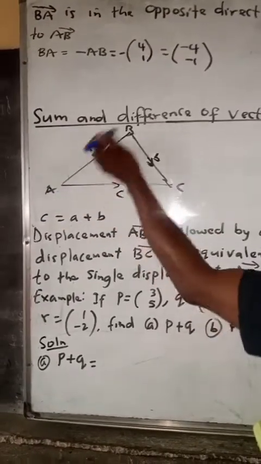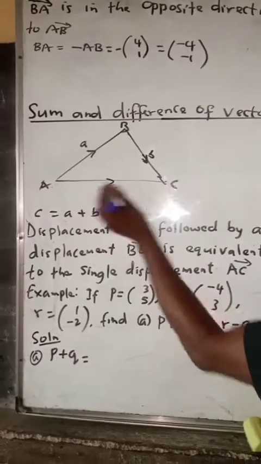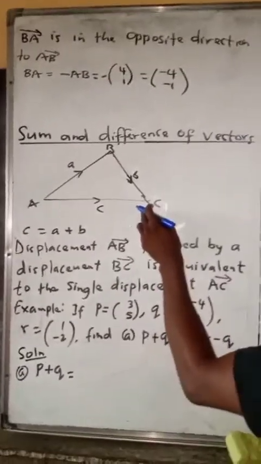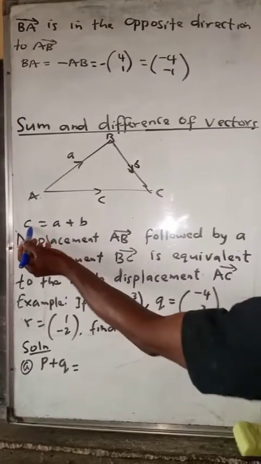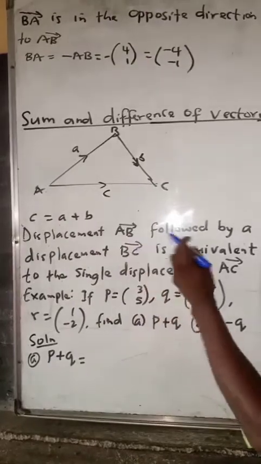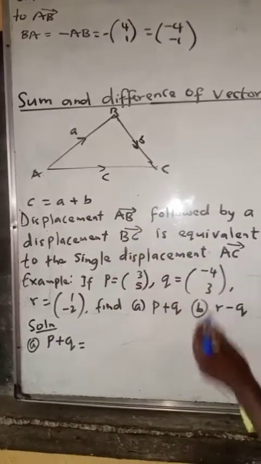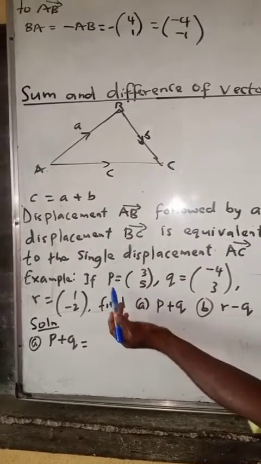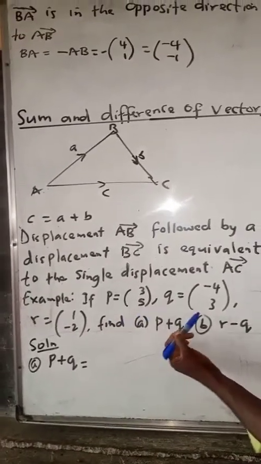So the sum of these two vectors is equal to c. That means that c is the resultant vector. When we say resultant vector, it means a single vector that is the sum of other vectors. So displacement AB followed by displacement BC is equivalent to the single displacement AC.